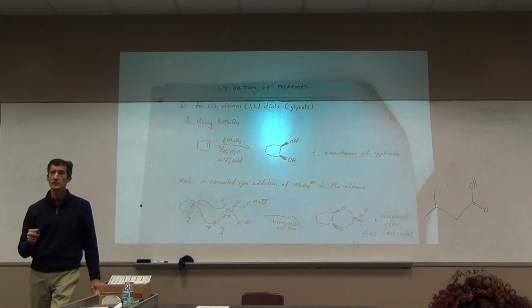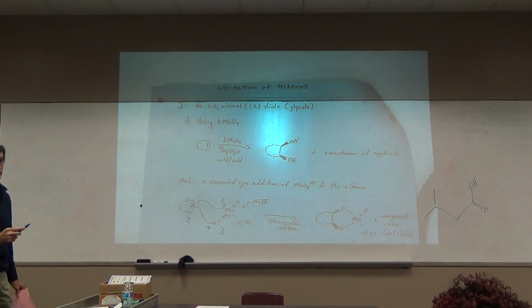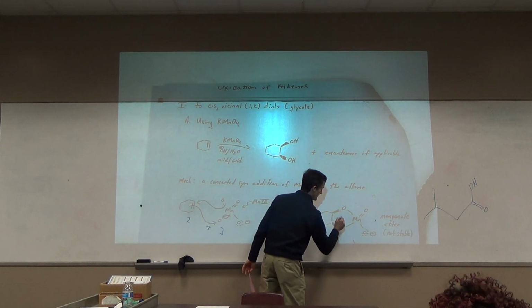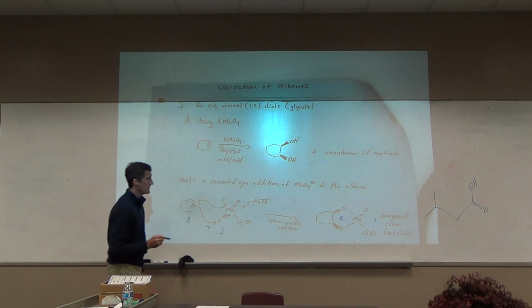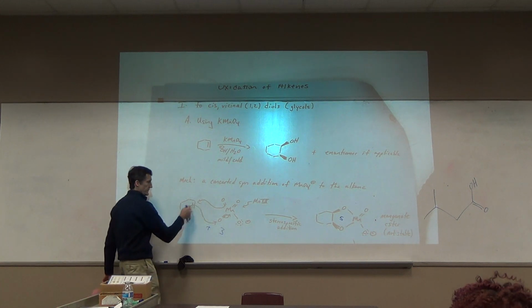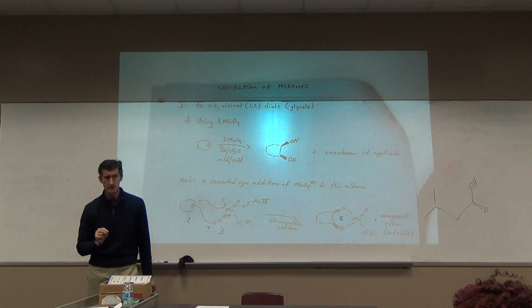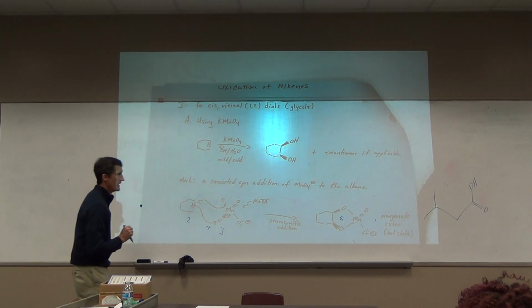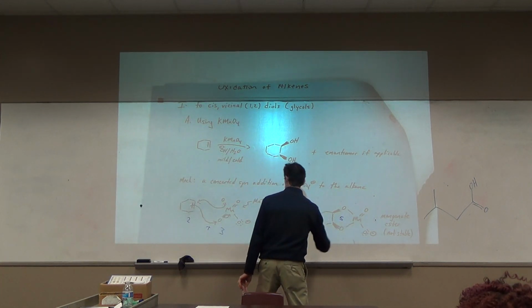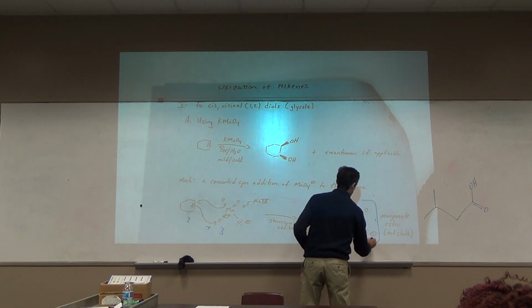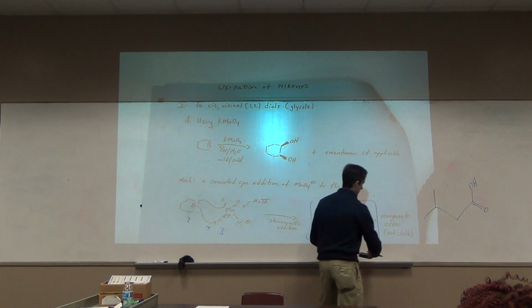I haven't had math in a long time, but I think that's 5. Okay? You're making this 5-membered ring here. If you follow your electrons, it should give that 5-membered ring. It's a cycloaddition reaction. This is called a manganate ester. It's not stable. So maybe you put brackets around it. Not stable.